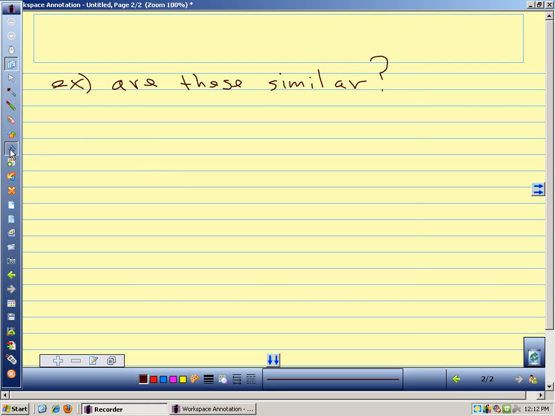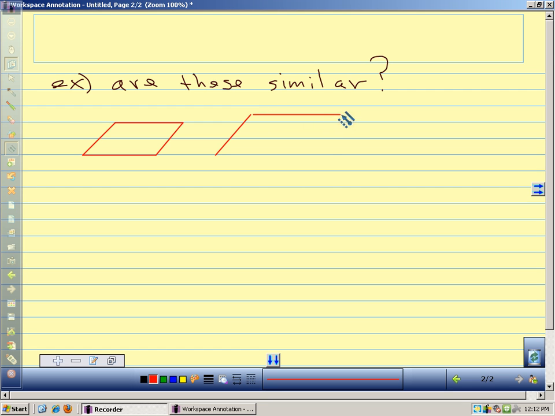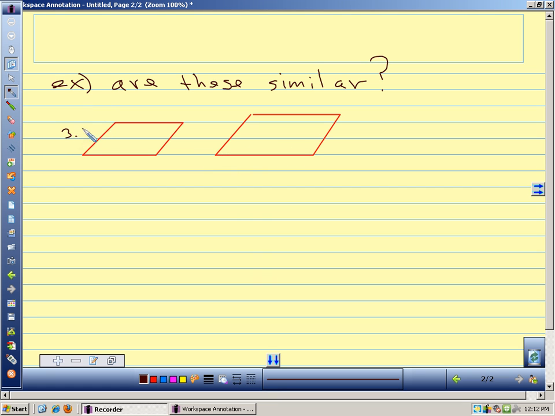We have a couple of parallelograms. This side is 3.1 on each of these.